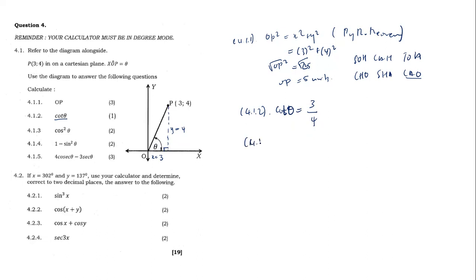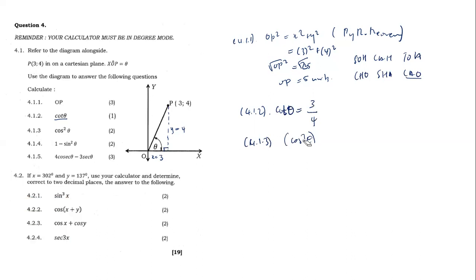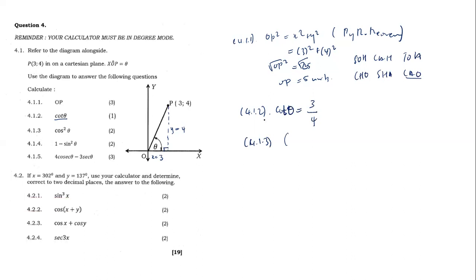And then 4.1.3 says cos squared theta. We can rewrite this expression like this: cos theta, in brackets, squared.